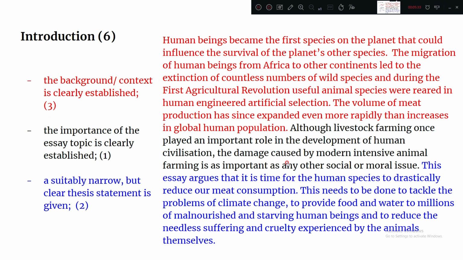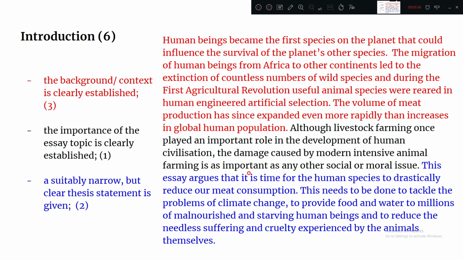So it's important here to be realistic. So if you, for example, are doing the topic of school uniforms and you write the issue of whether high school students should wear school uniforms is as important as any other social issue, then clearly this is just nonsense.